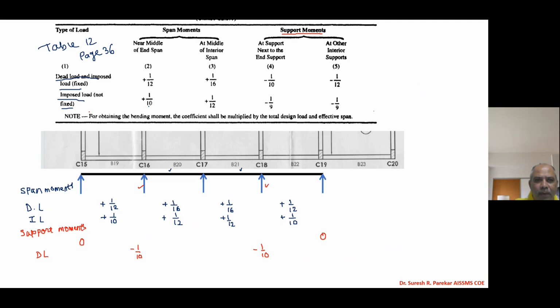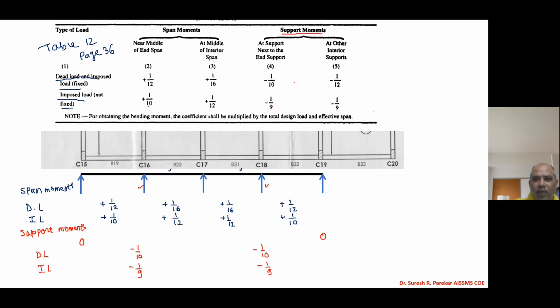And then we have the imposed load values. For imposed load, next to end support, we have -1/9 and also -1/9.